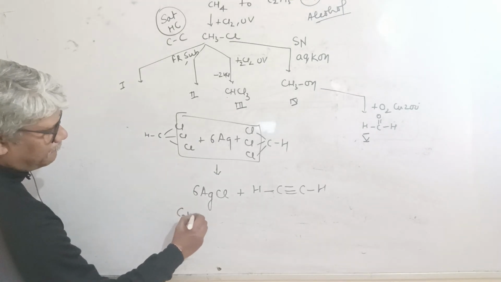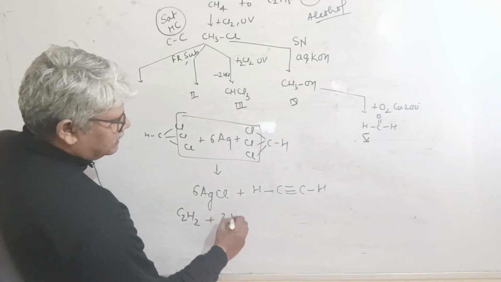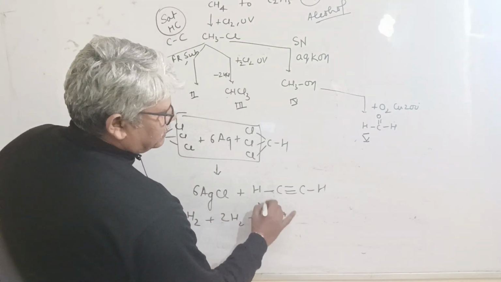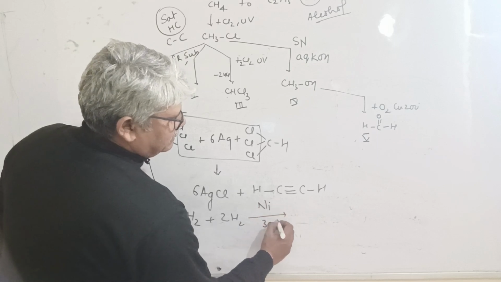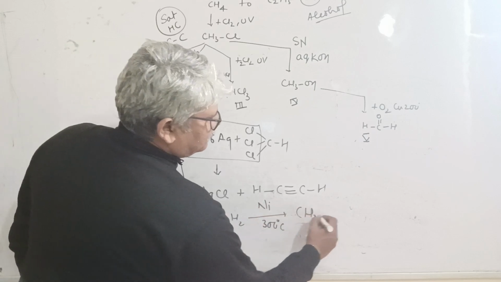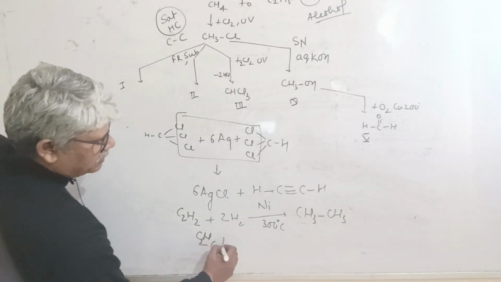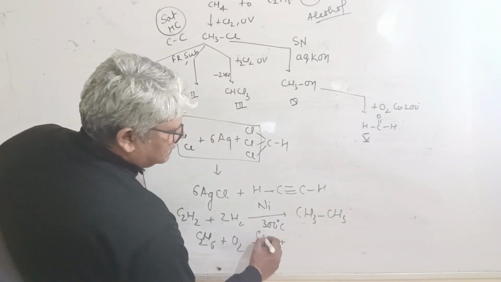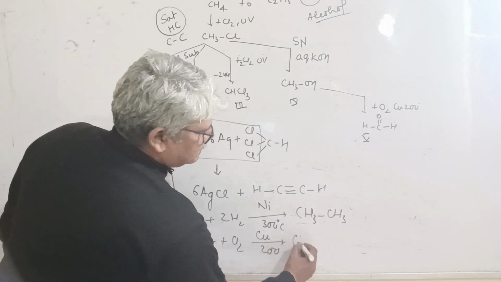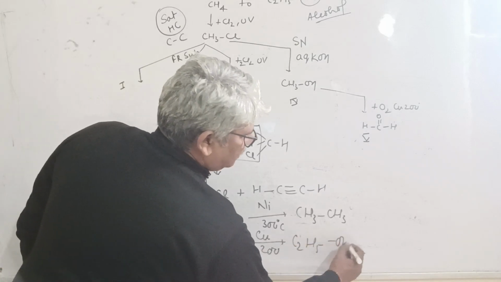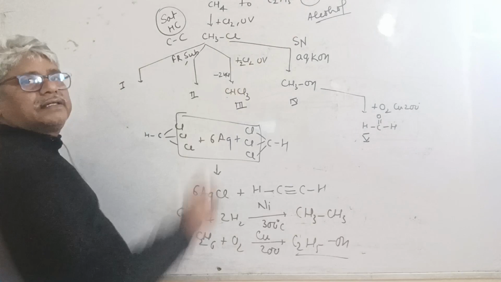Ethyne, when reduced with hydrogen in presence of nickel at 300 degrees centigrade, gives ethane. And ethane, when oxidized in presence of heated copper at 200 degrees centigrade, will give alcohol. This is what we want.